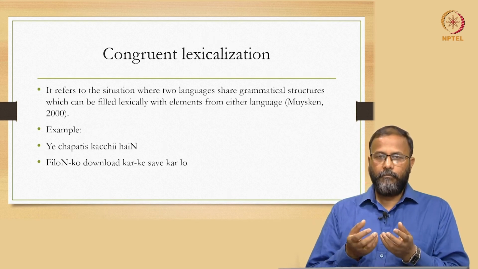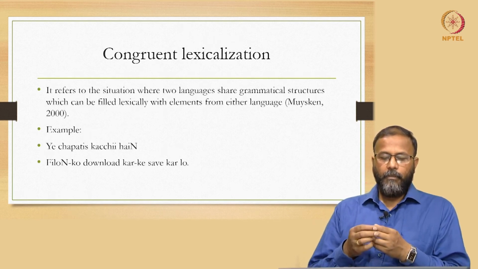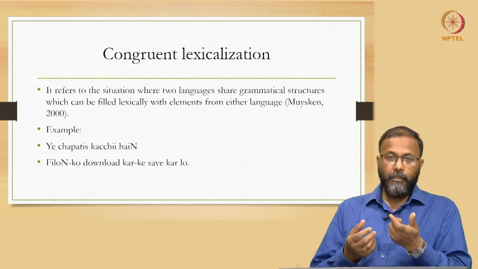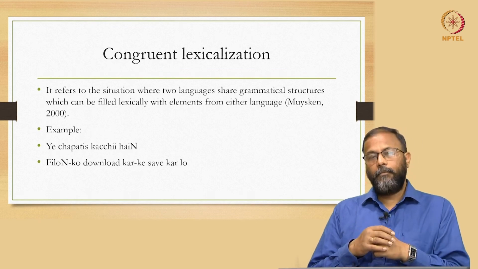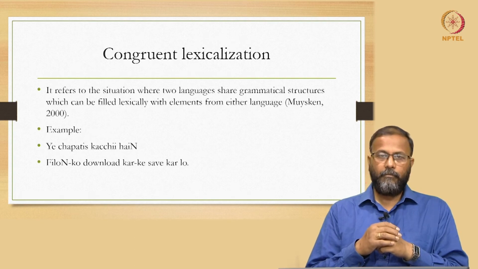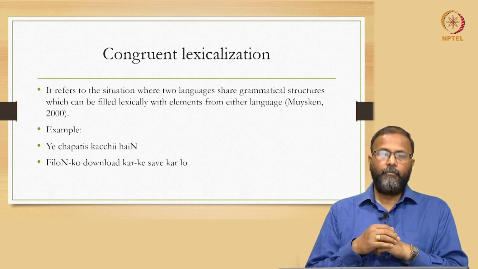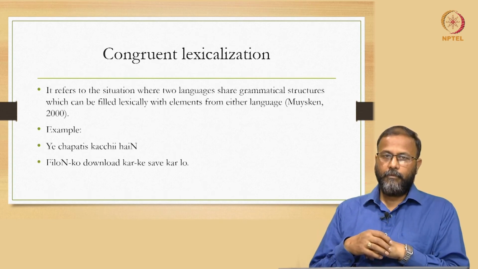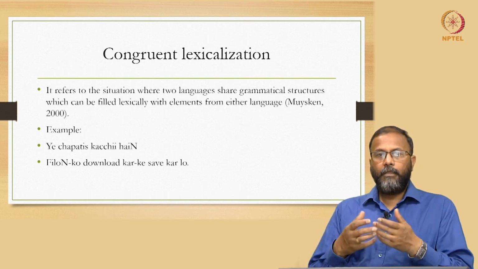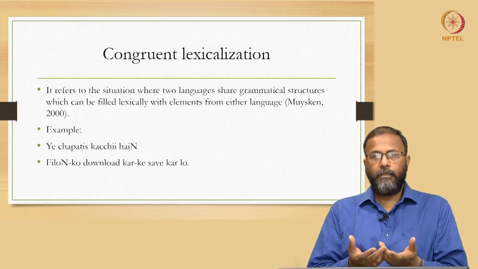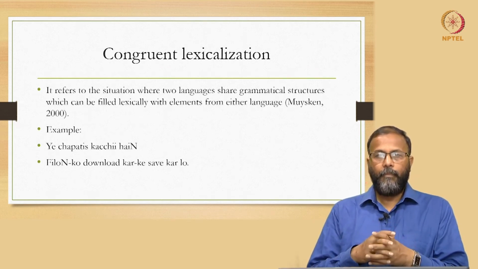Chapati is a Hindi word, but look at the plural marker with it, S. The grammatical item S, a plural marker, is English. ये रोटियां कच्ची हैं, half cooked, not properly cooked.